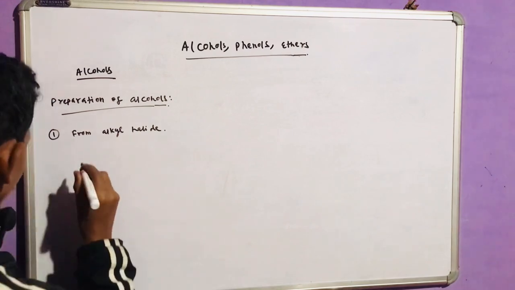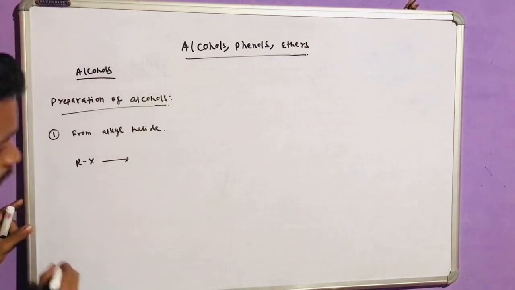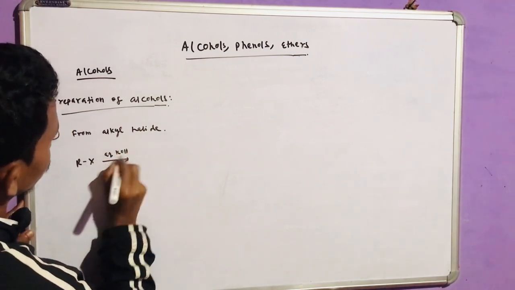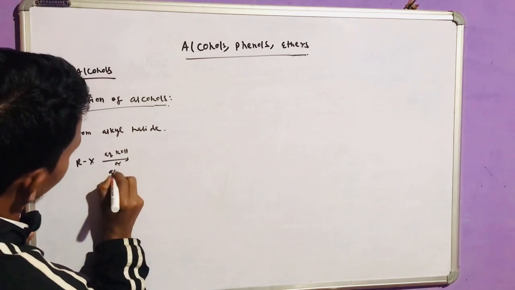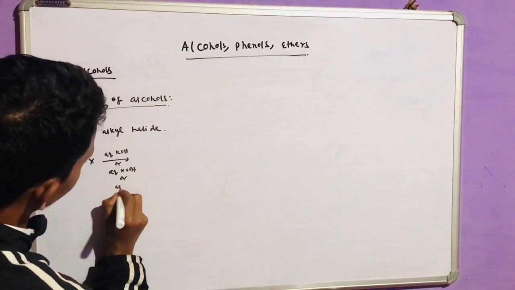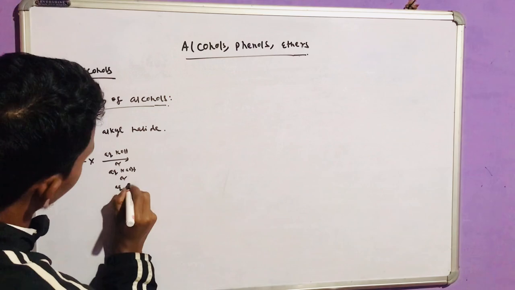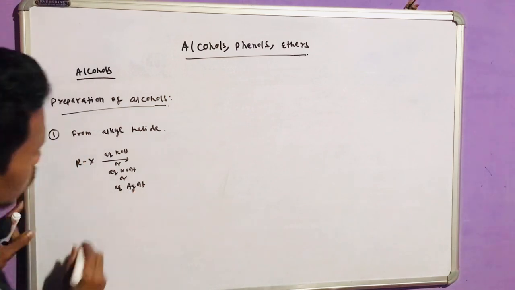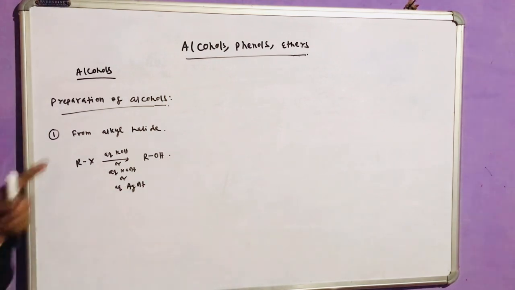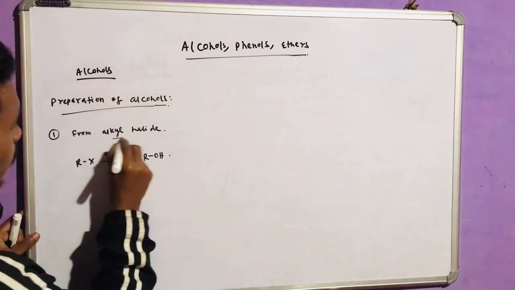It says that if any alkyl halide RX is present, and if we treat it with aqueous KOH or aqueous NaOH or aqueous AgOH, then we can prepare the alcohol ROH. So this is the first way of preparing alcohols, that is from alkyl halides.